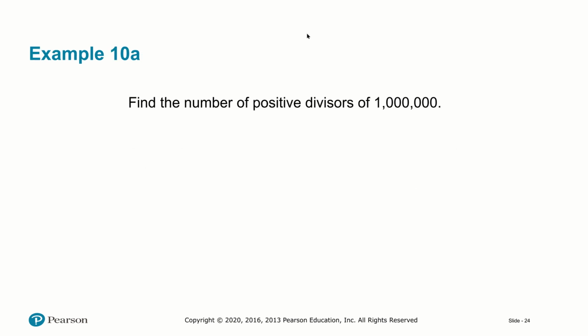All right, so we want to find the number of positive divisors of 1 million. Now, 1 million is a very special kind of number, right? We could go through our standard process of finding the prime factorization.